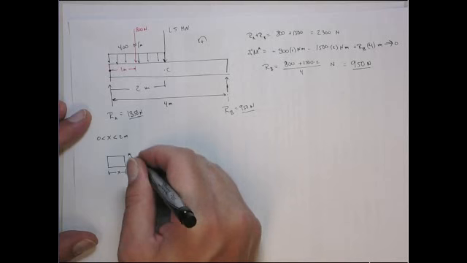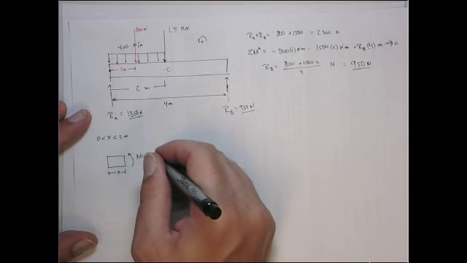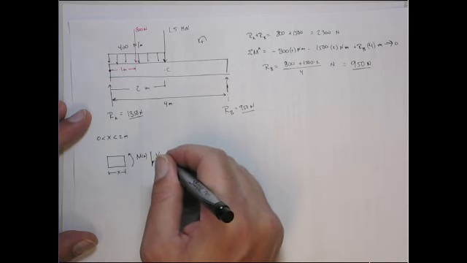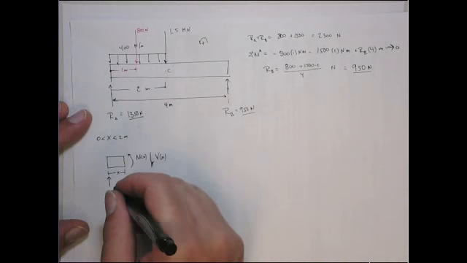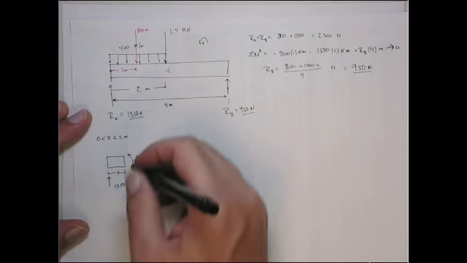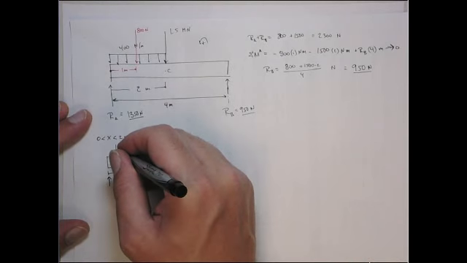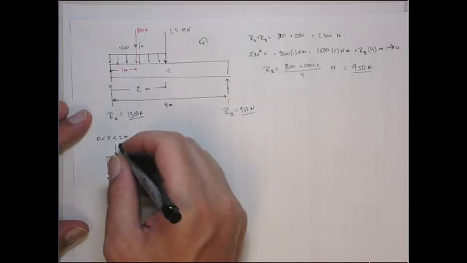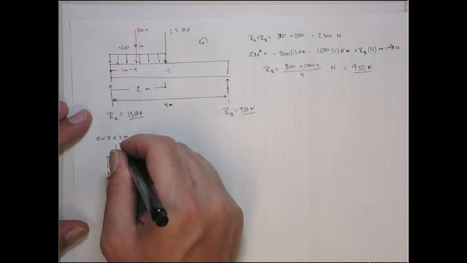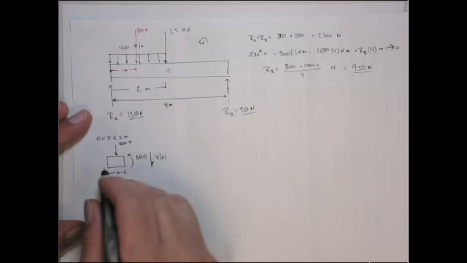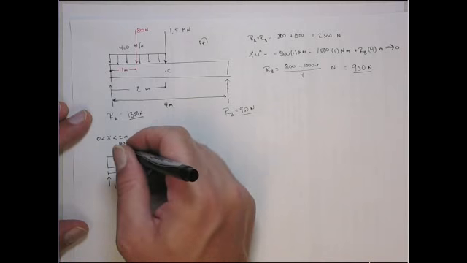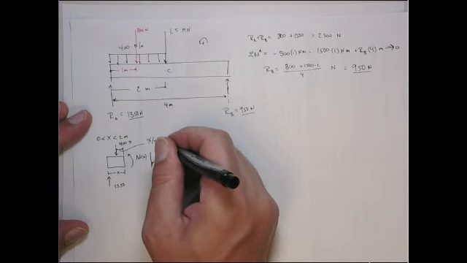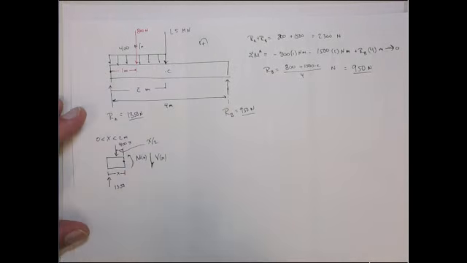Here is the positive sense for the bending moment, which I don't care about, and that's the positive sense for the shear. We have upwards 1,350, and then the downward effect of the distributed load, which has a value of 400 times x, because it's 400 newtons per meter over x meters. And its moment arm is x over 2.